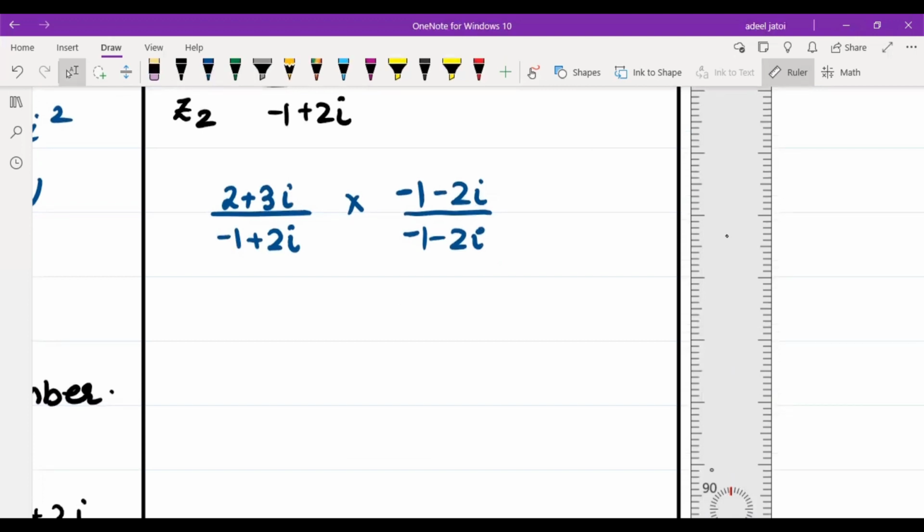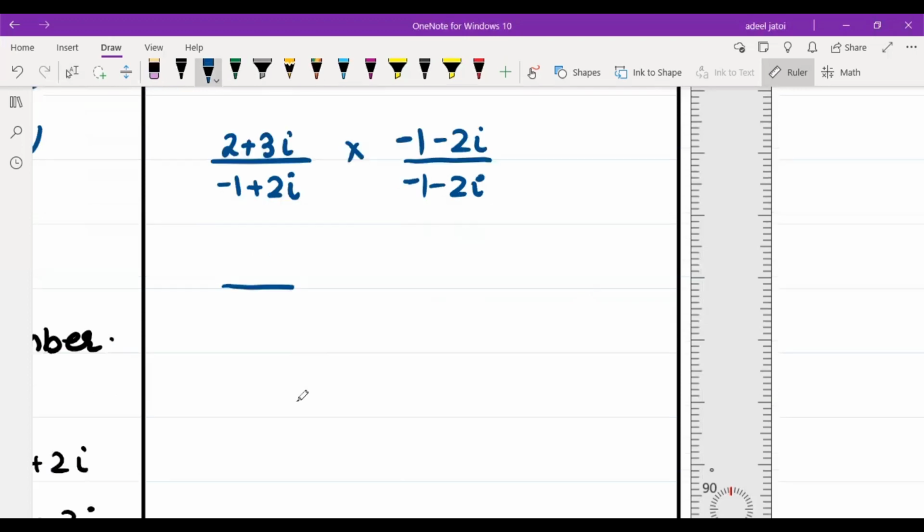But remember this, in the denominator, the negative 1 is the same, but the sign of the second value is changed. So in the denominator, we can use a square minus b square. That means we can write this as negative 1 square minus negative 2 iota square, positive 2 iota square, because negative is taken outside the bracket.